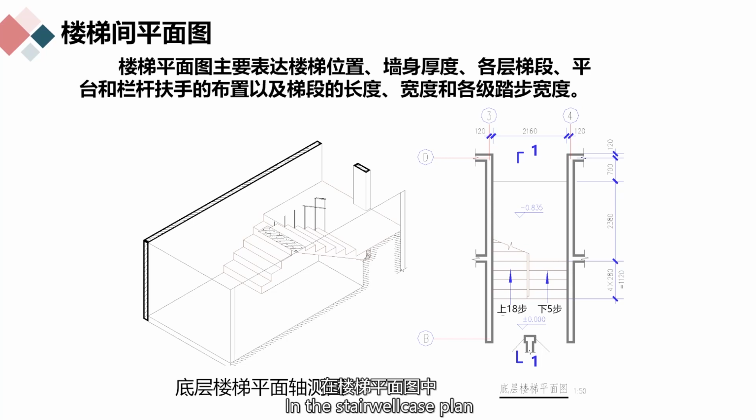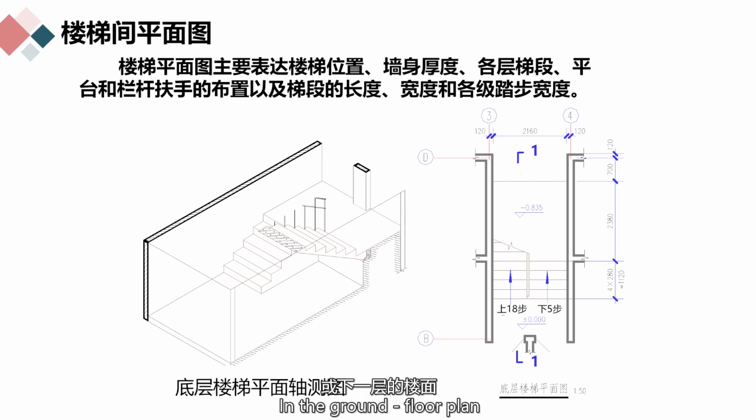In the stairwell plan, the flight of stairwells, cut through on each floor, is represented by a 45-degree broken line in the plan. At each flight of stairwells, draw a long arrow and mark with up or down, and the number of treads, indicating how many steps one can walk upward from the floor of this floor, or downward to reach the floor of the upper or lower floor.